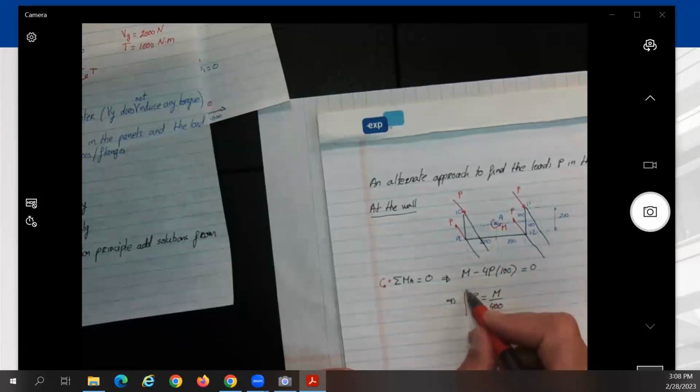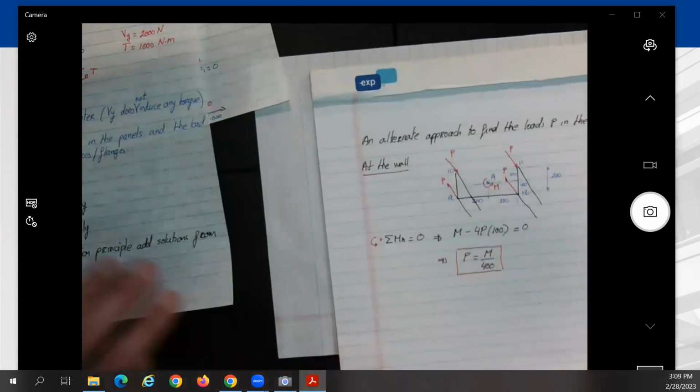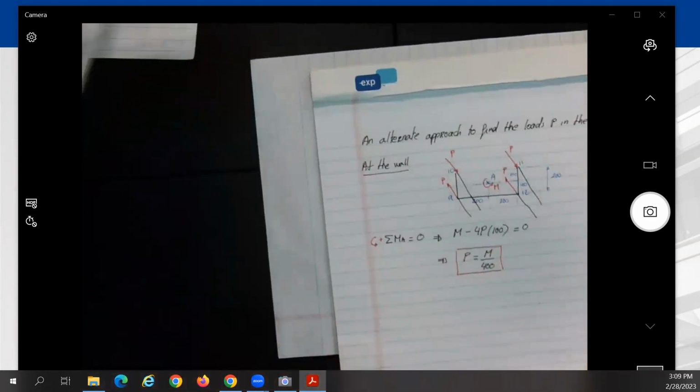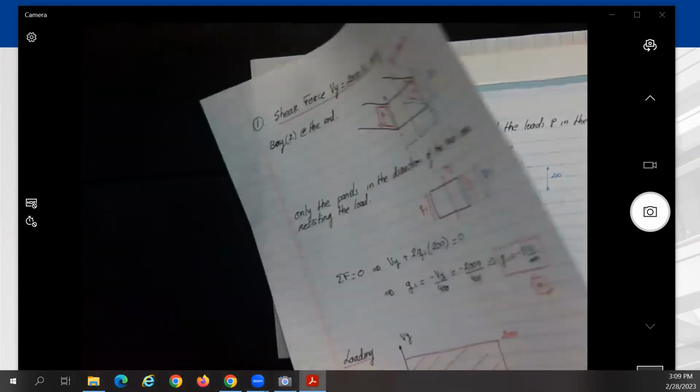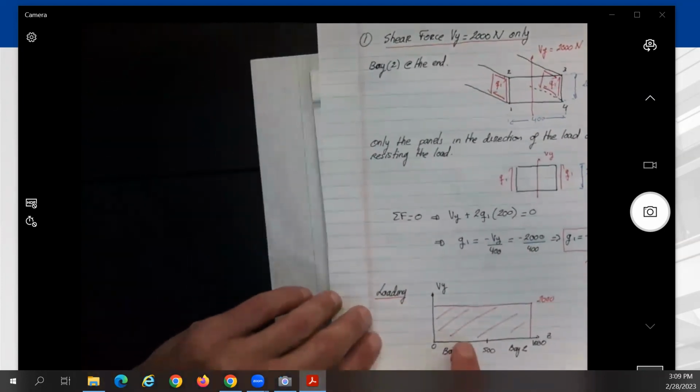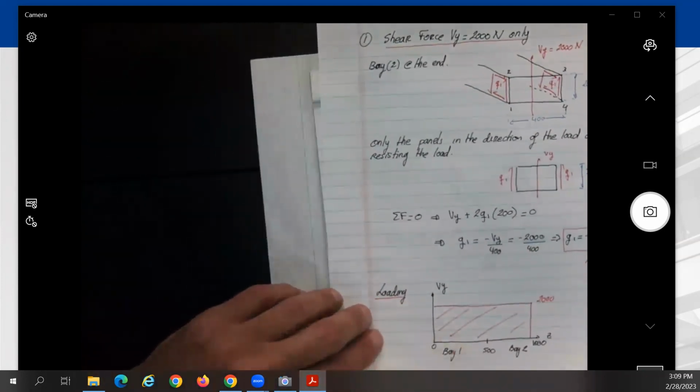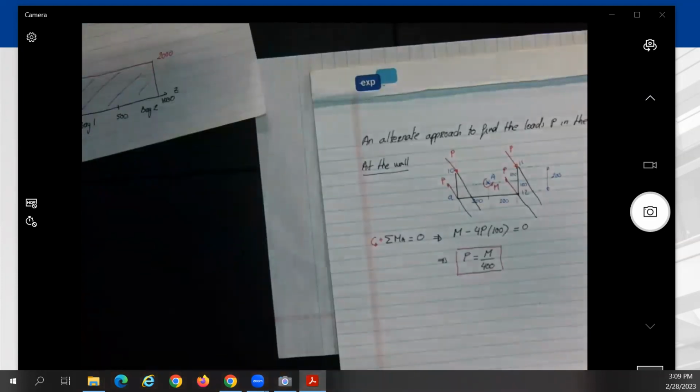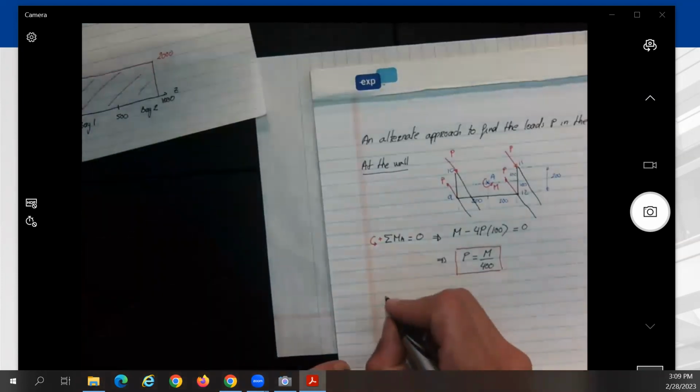All right, so maybe I should have done that at the same time as the shear. So similarly, we did this over here for the loading, for the Vy. We can do the same thing for the moment. Okay, so let's look over here, loading, looking at the moment.